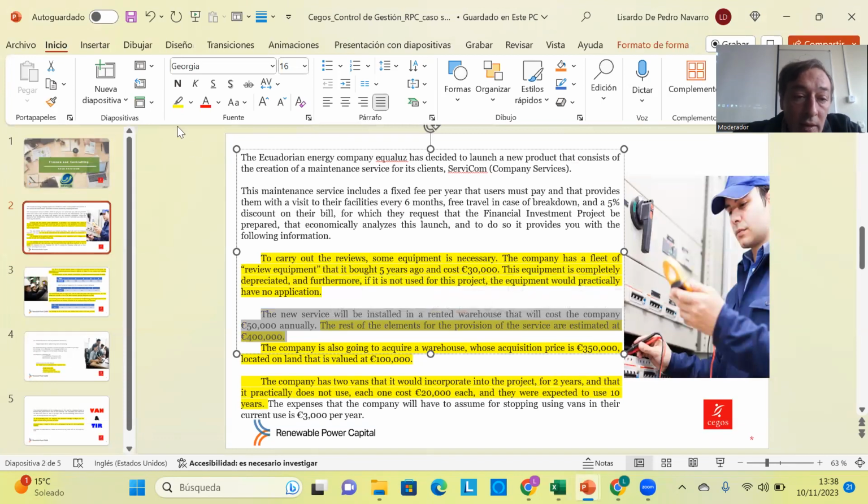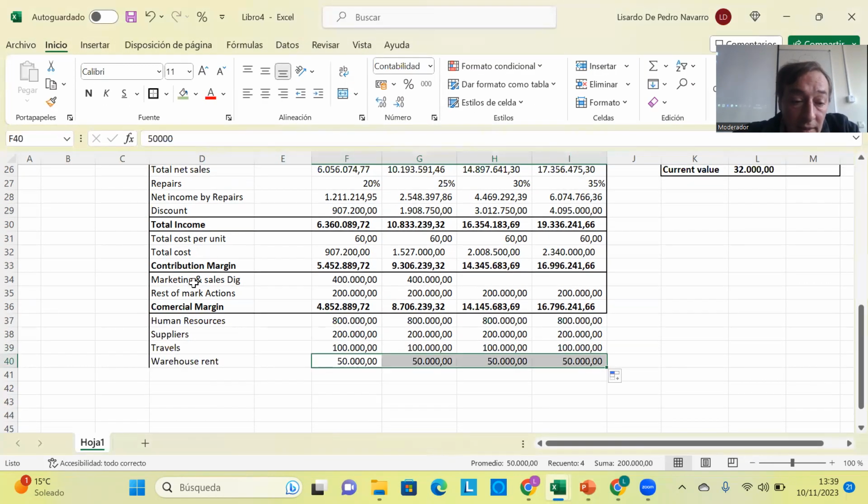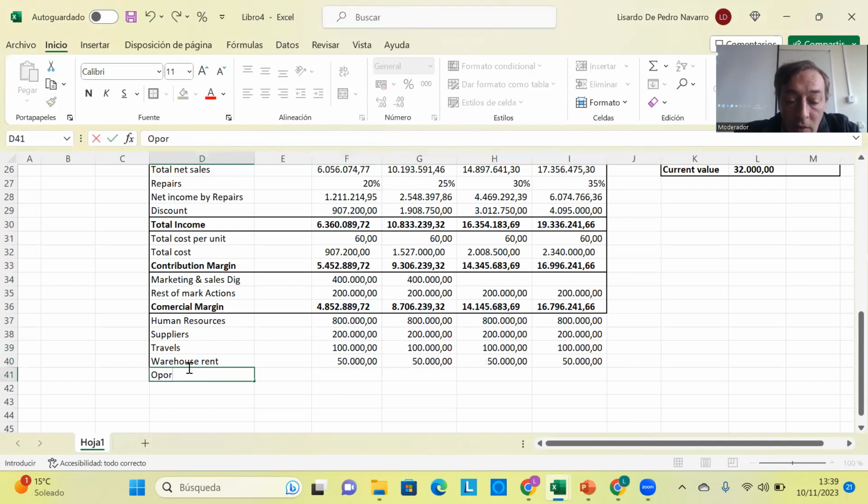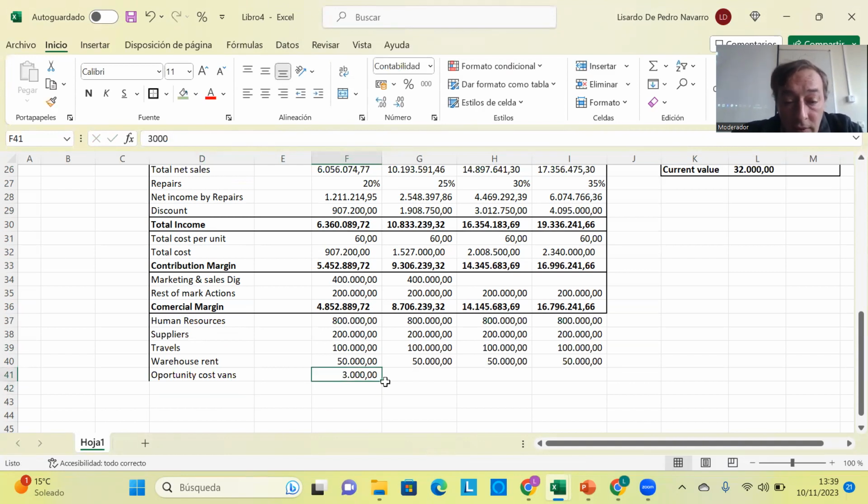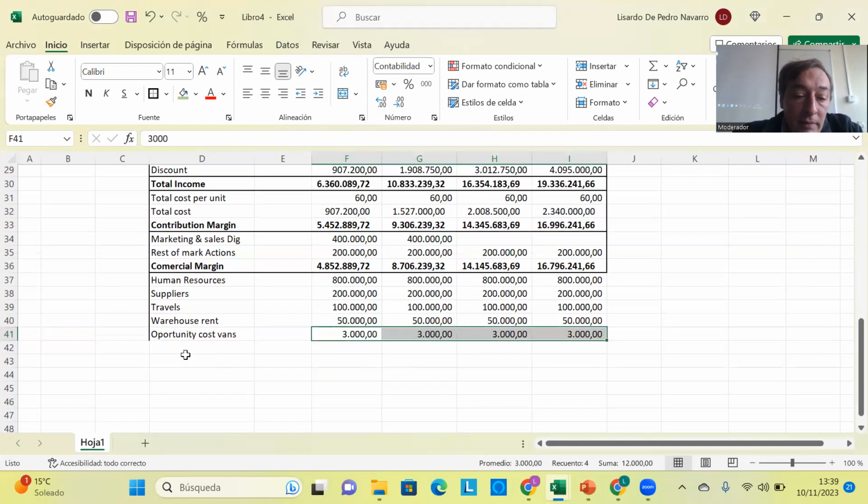So this one is complete, and the opportunity cost is 3,000 euros, that is 300,000. So we have here 3,000, great.